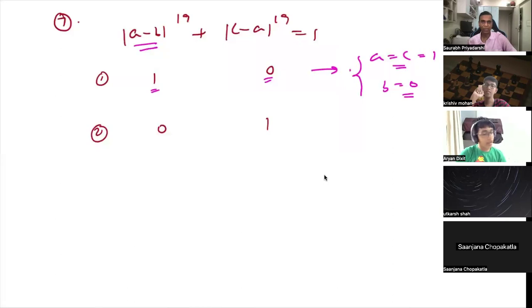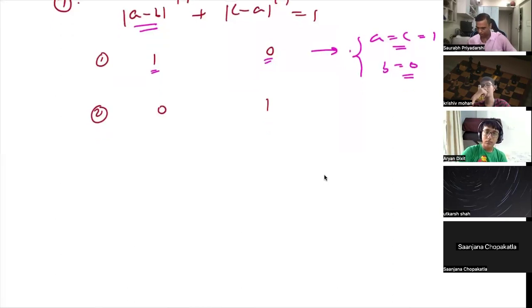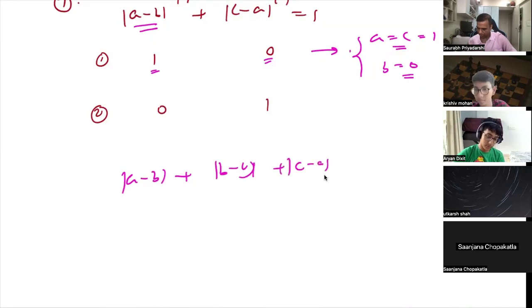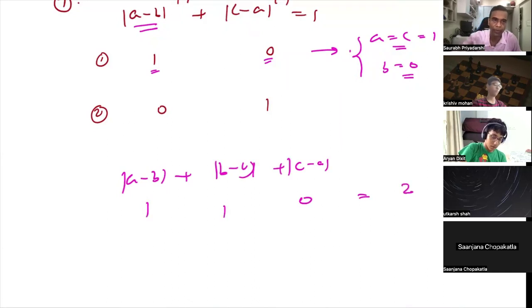And second case, again, the same thing is when we are changing this ABC as different, right? So if I'm writing A minus B, B minus C, and C minus A, two of the values will always be 1 and third value will be 0. So I guess you are getting the value 2.